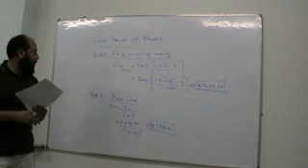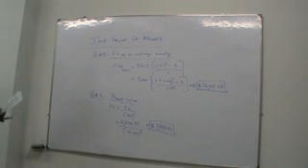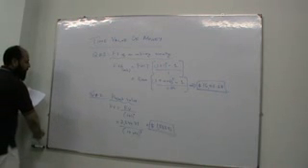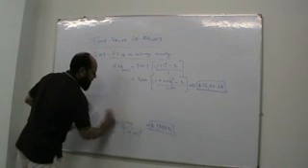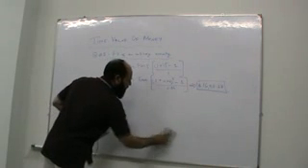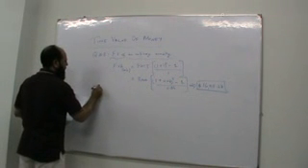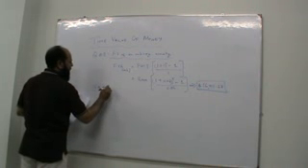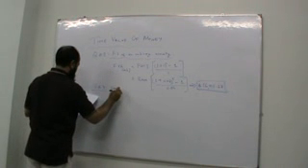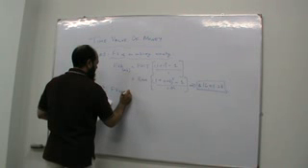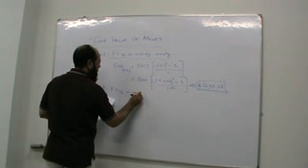Now, question number 4 is about future value of an annuity due.